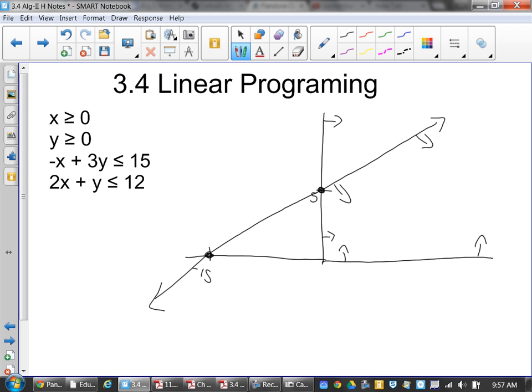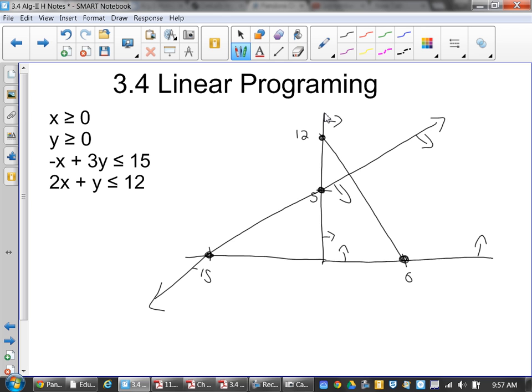Do the same thing with your quick graph for 2x plus y is less than or equal to 12. I have an x-intercept at 6 and a y-intercept at 12. So here's 12, and here's 6. Everybody notice how I'm not even marking them off? Is it okay that I do that? Absolutely.